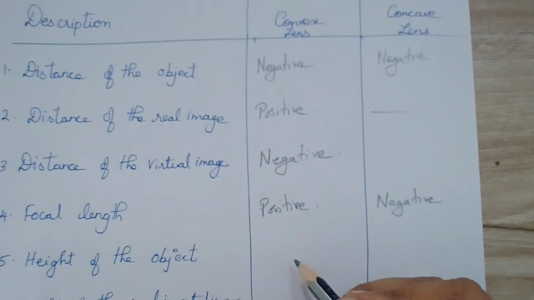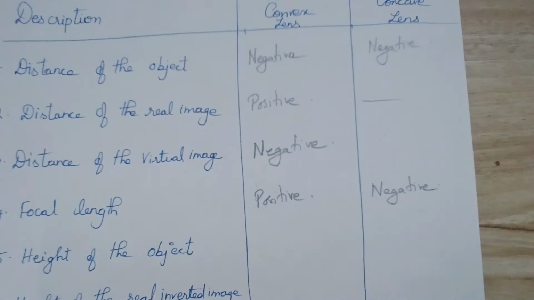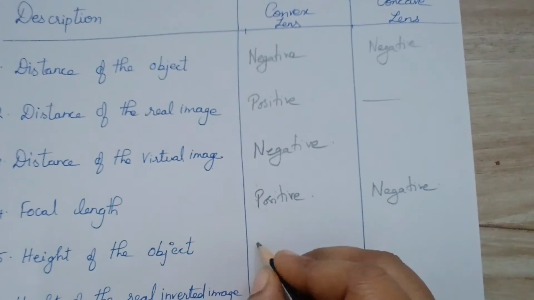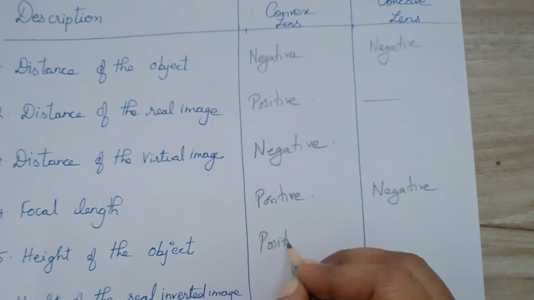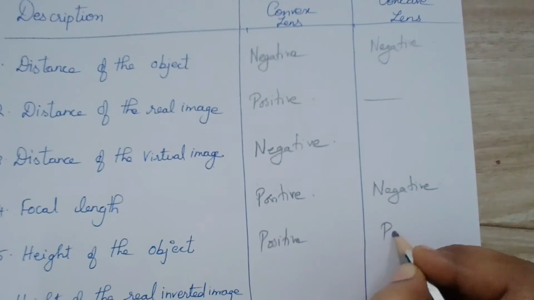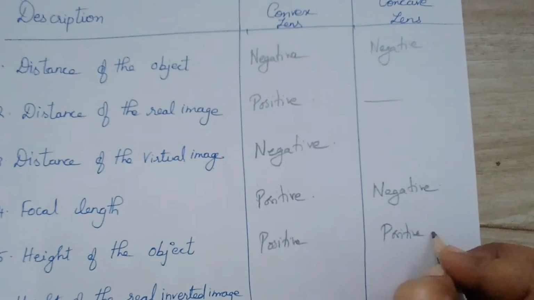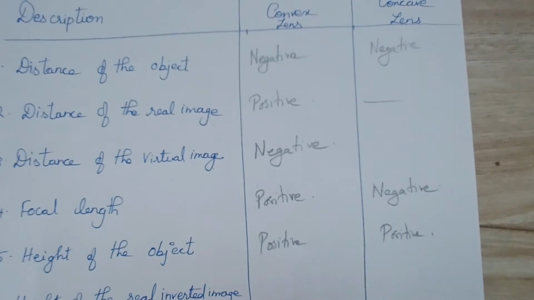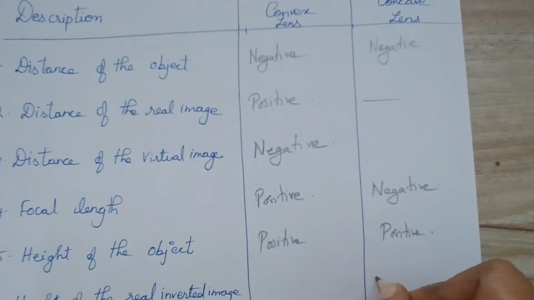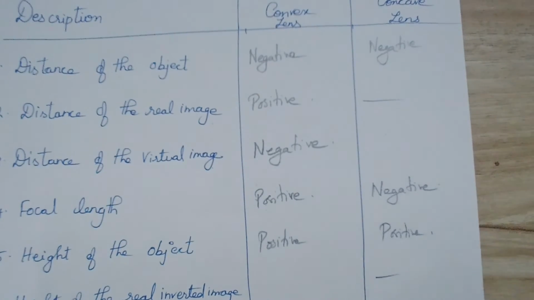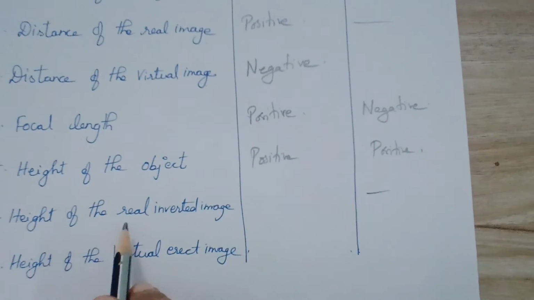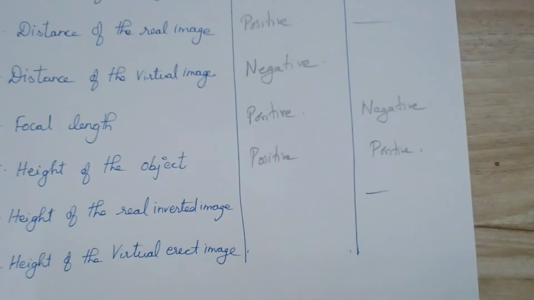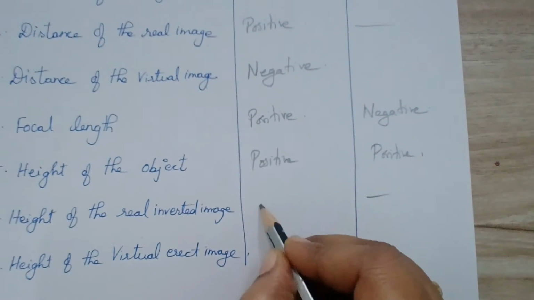Then the height of the object. The height of the object is always kept above the x-axis, so it is positive for both. Height of the real inverted image is not applicable for the concave lens, because we get only the virtual image. The height of the real and inverted image is below the x-axis, so it will be negative.